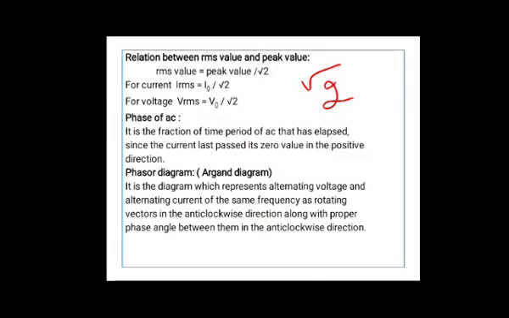Phasor diagram is the diagram which represents alternating voltage and alternating current of the same frequency as rotating vectors in the anti-clockwise direction along with proper phase angle between them. So when you draw the Phasor diagram, you are representing alternating voltage and alternating current with the help of rotating vectors. In between those you can make an angle, that is called phase angle. So that diagram is called Phasor diagram.